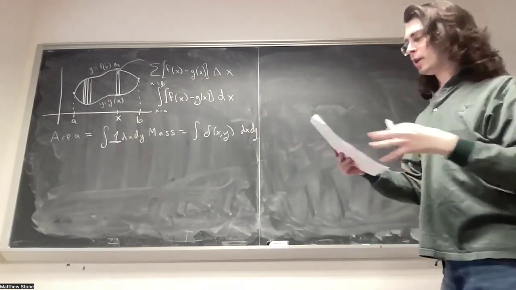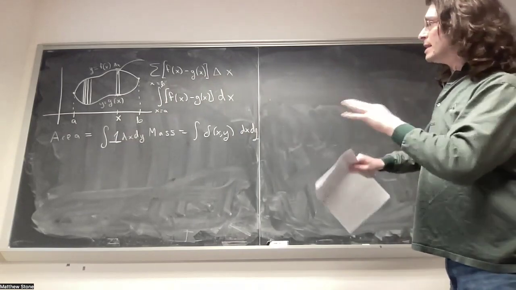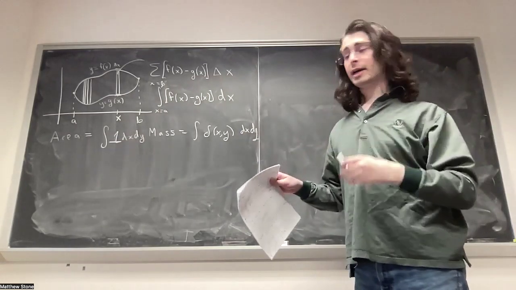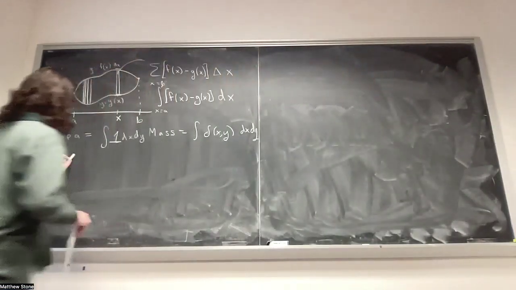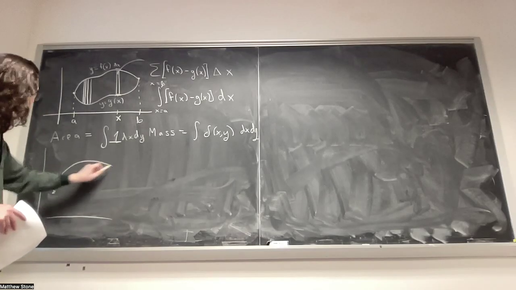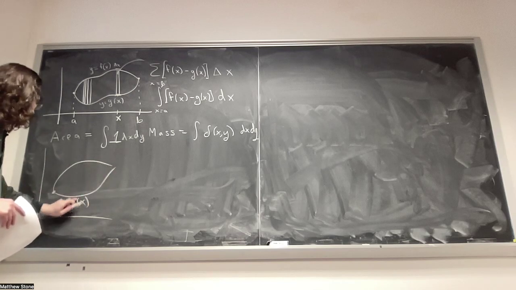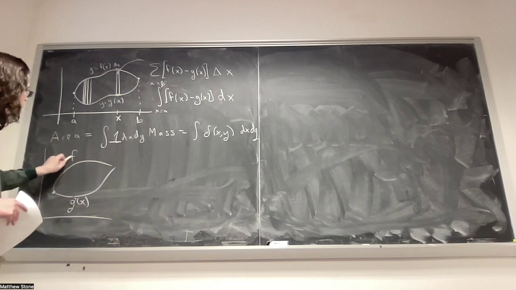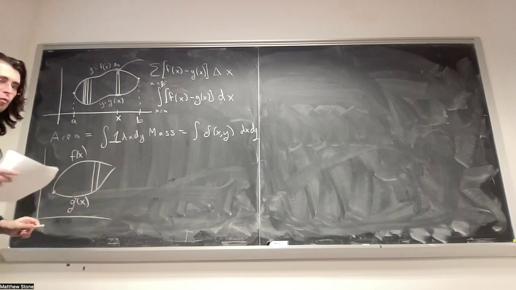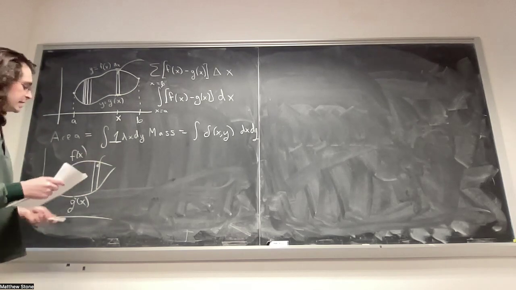And so if we wanted to compute the mass of this same exact image instead of the area of the image, we're going to do the same exact analysis going slice by slice. So that same slice, rather than computing the area of that slice, we're going to compute the mass of this slice.